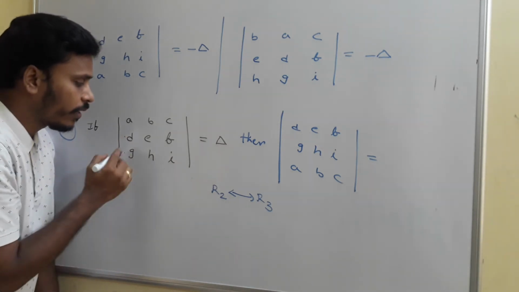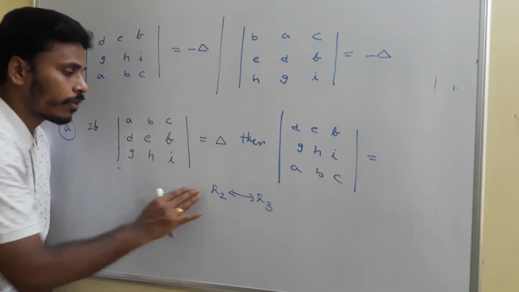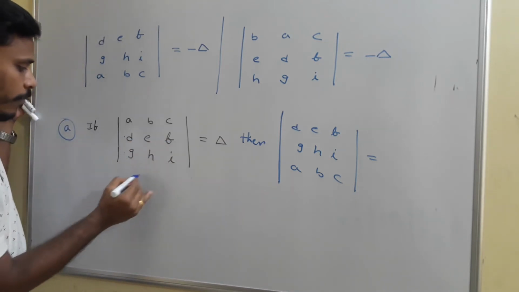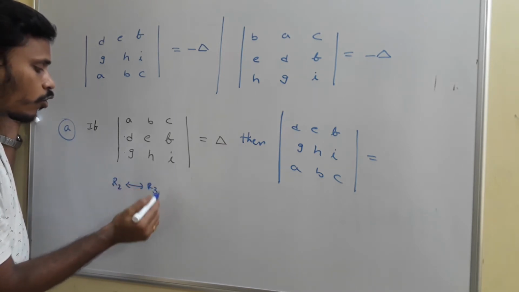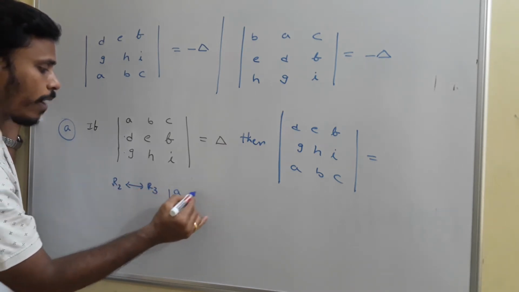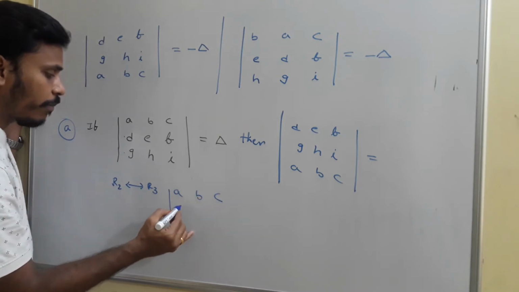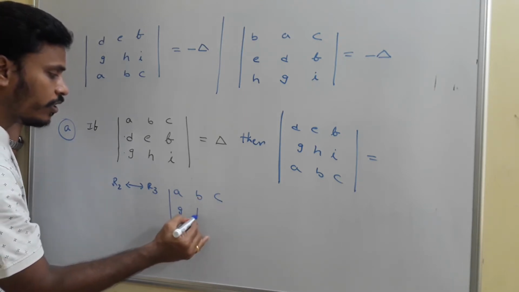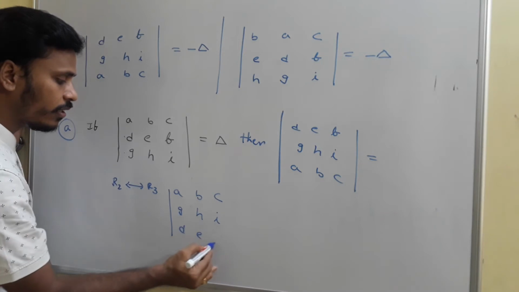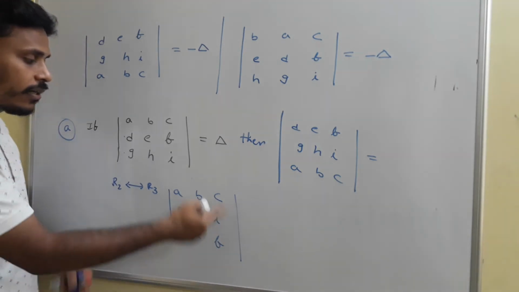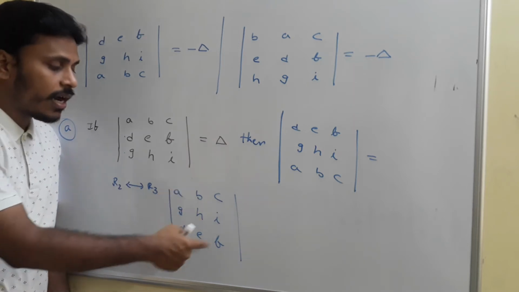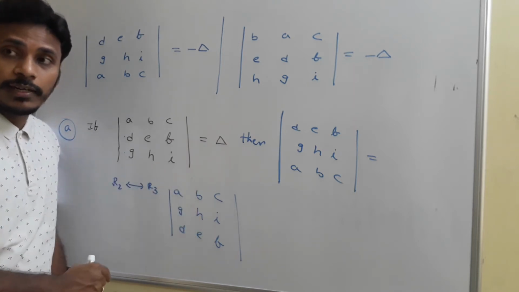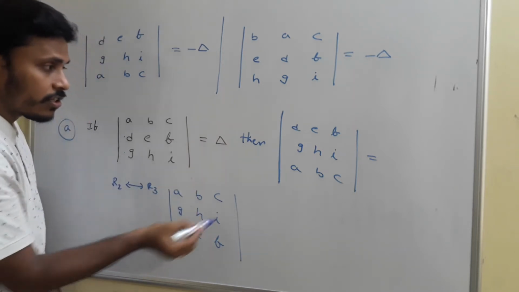I will give you another way. First of all, if you apply the interchange of R2 and R3, then the new matrix is A, B, C, G, H, I, and then D, E, F. Since the given determinant value is delta, this determinant value is minus delta, and then you interchange again to get this.